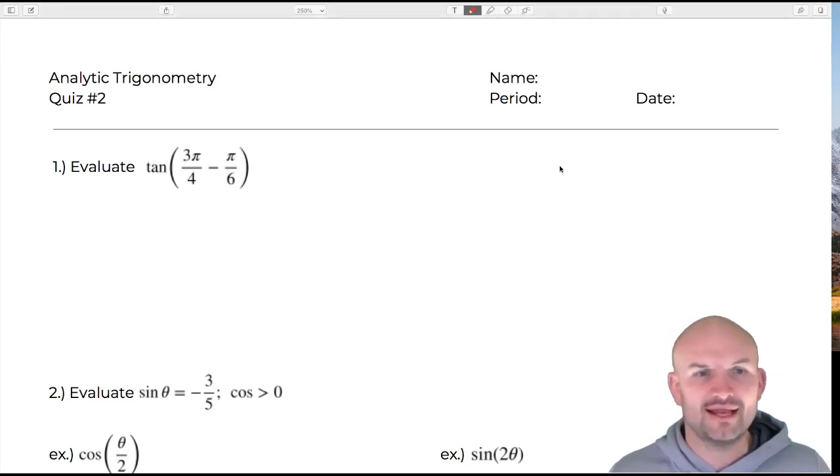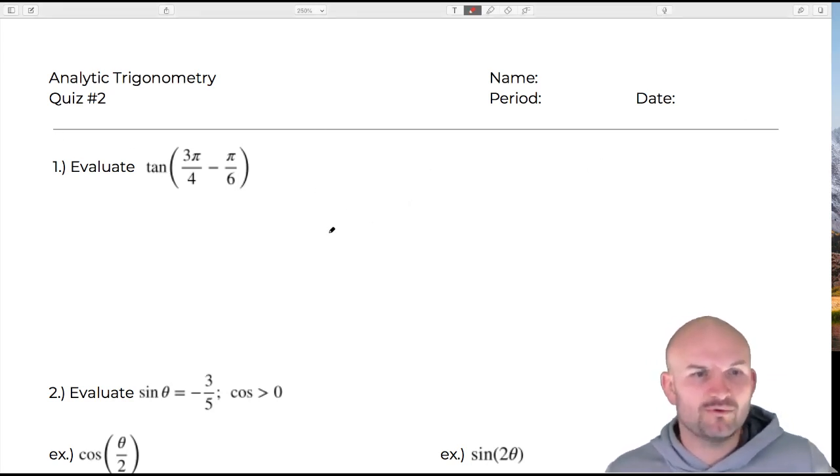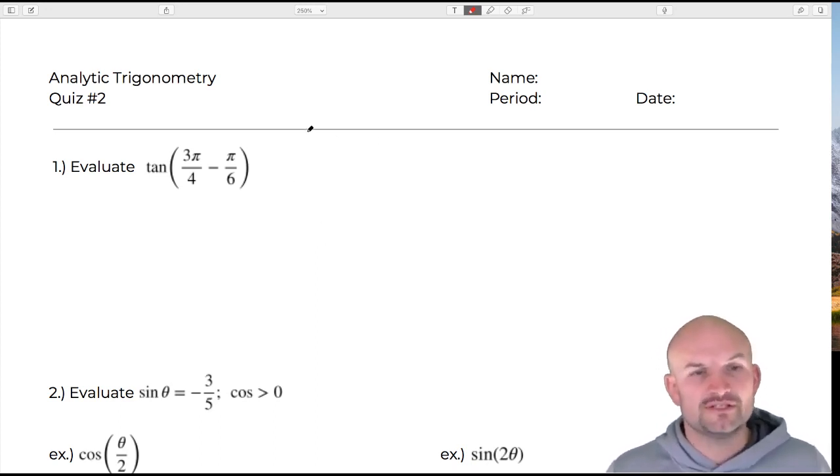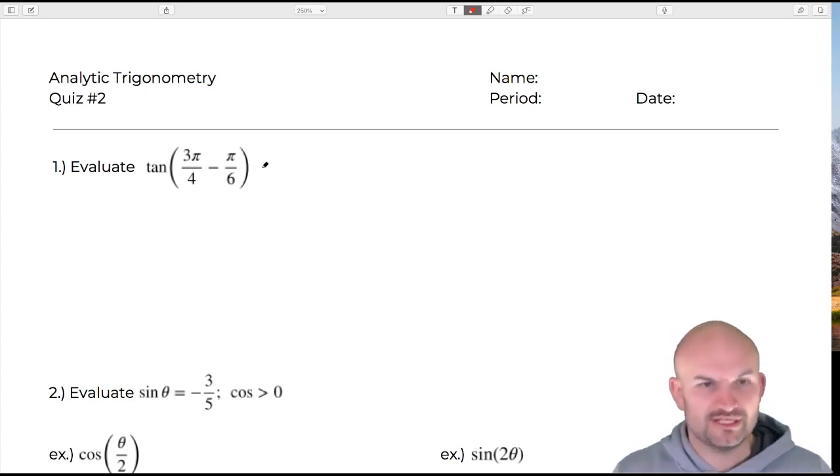All right, let's go ahead and get started here. The first question was evaluating for tangent using the sum and difference formulas. We needed to remember to use the formula, and my students had the formula sheet.